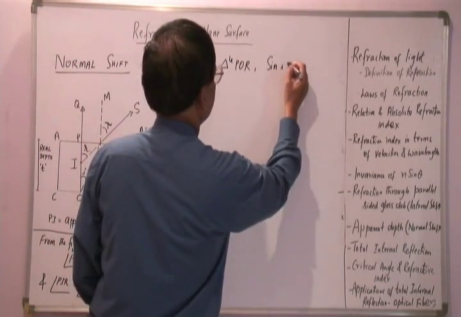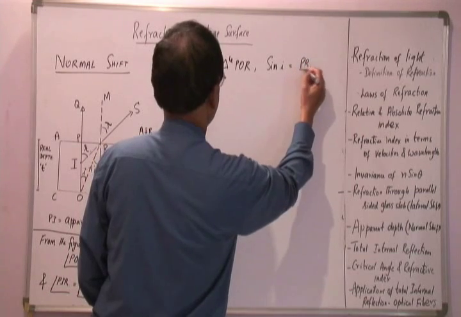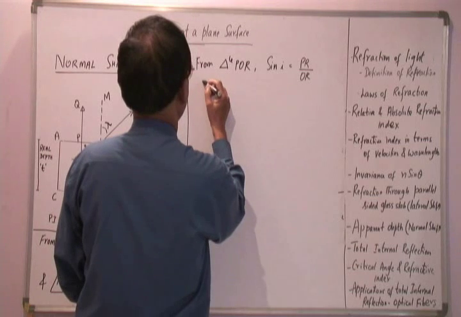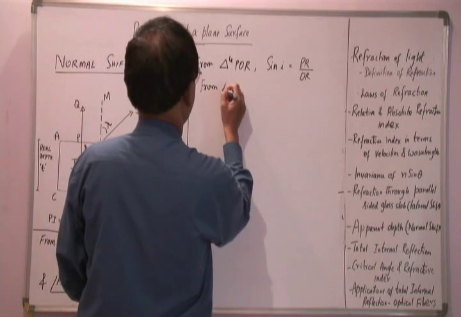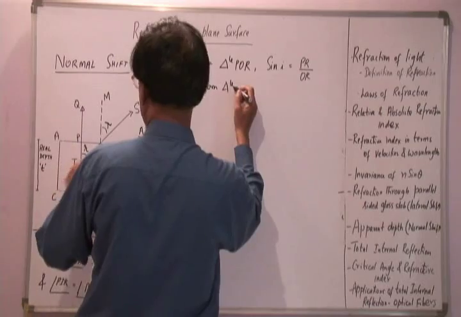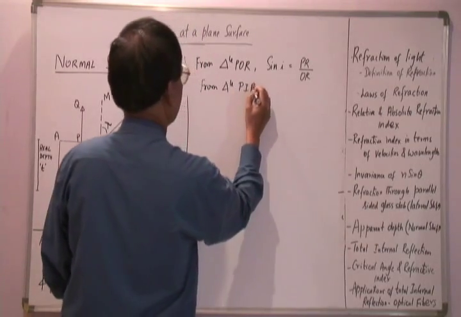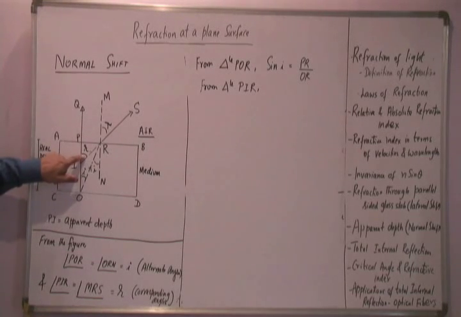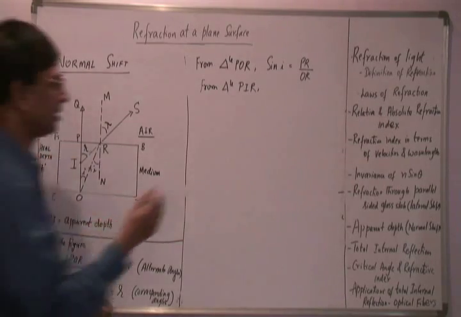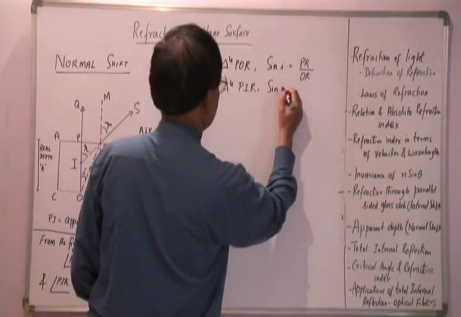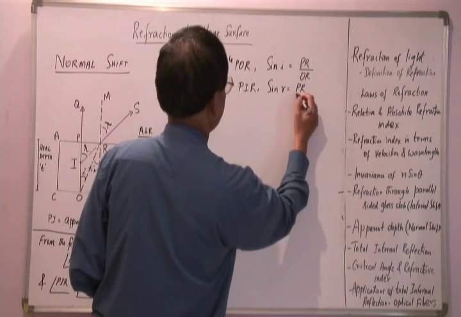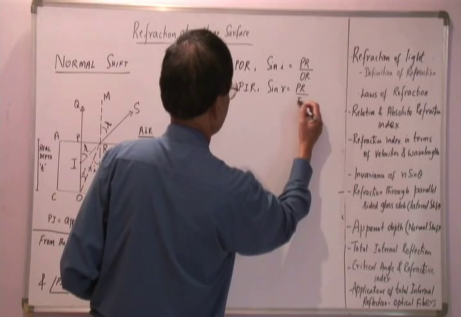And from triangle PIR, I have sin R is equal to opposite side PR divided by hypotenuse IR.